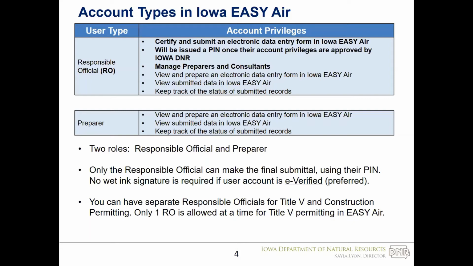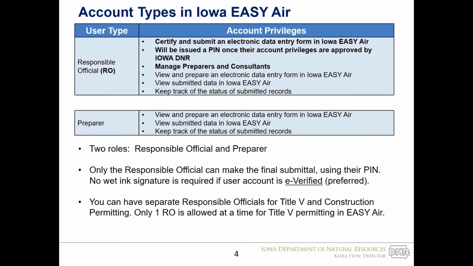The responsible official above has the same rights and privileges as the preparer, plus they can certify and submit an electronic data entry form in Iowa Easy Air. They can submit the application to the DNR.